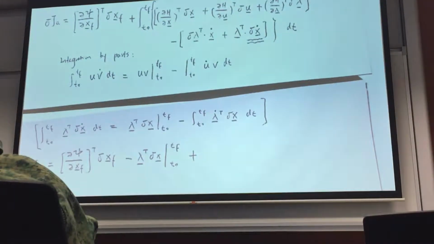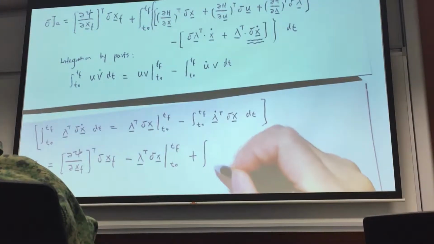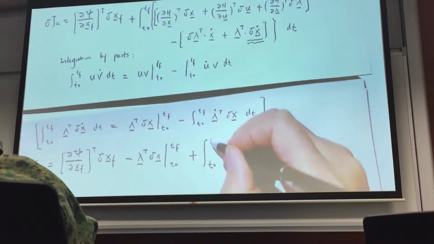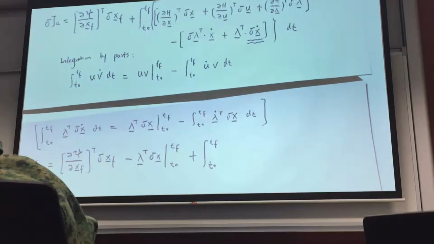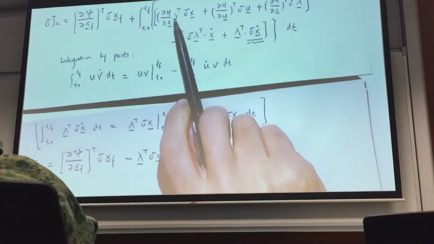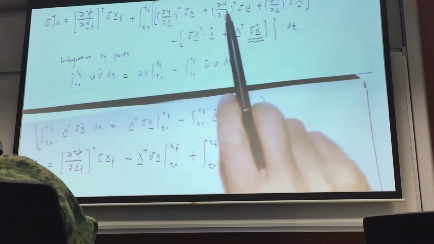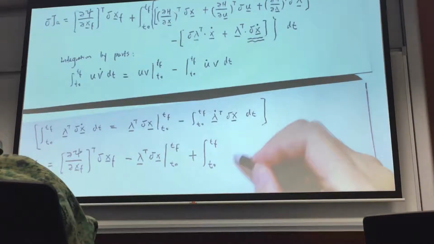So this plus the integration from t0 to tf, then we have three terms from h.